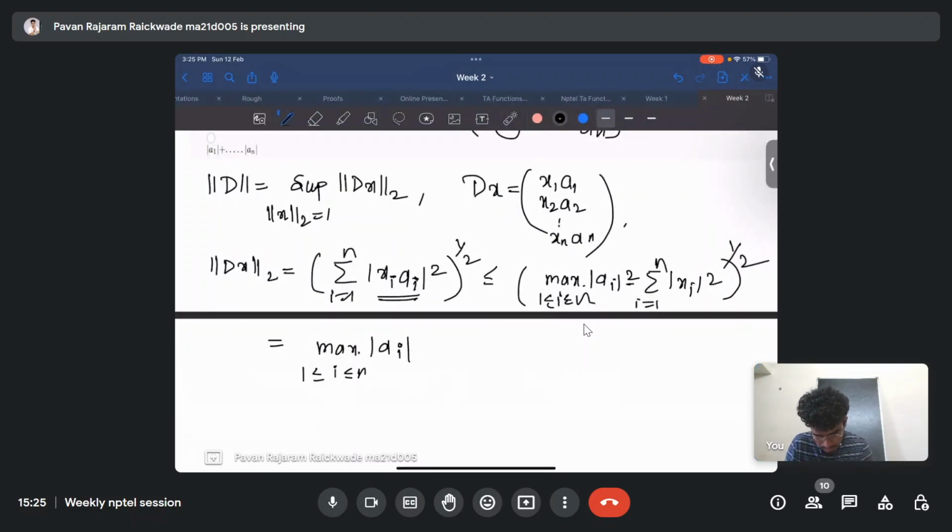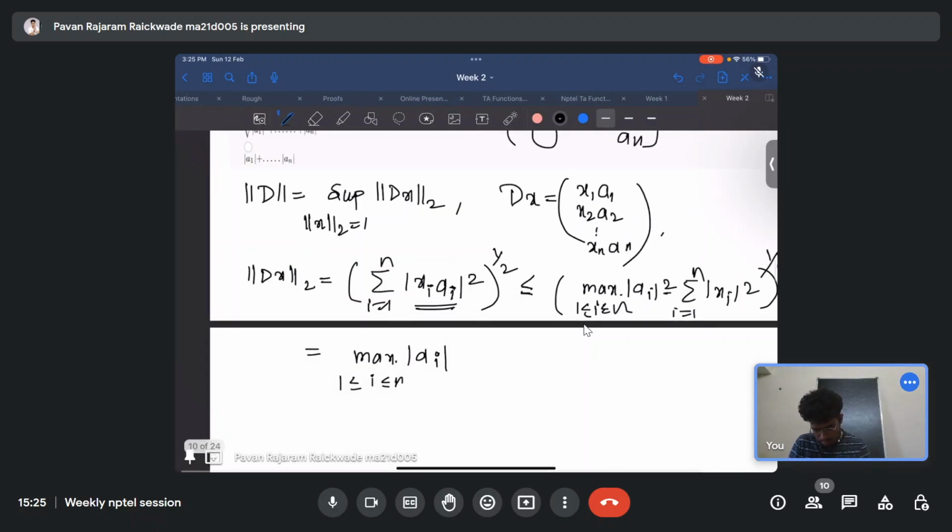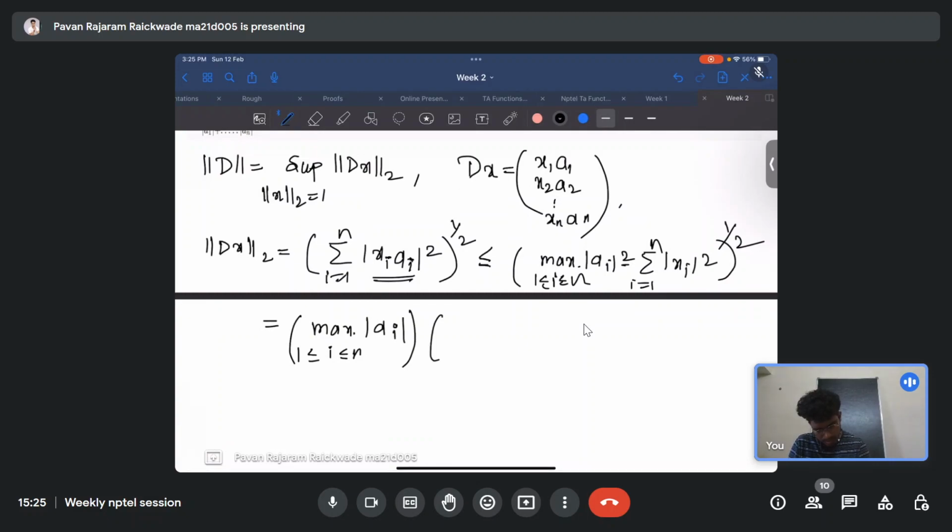So this is less than or equal to the maximum we have taken outside, and this quantity here is norm x.